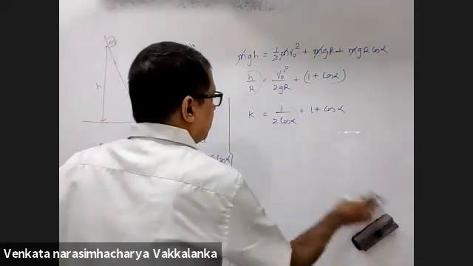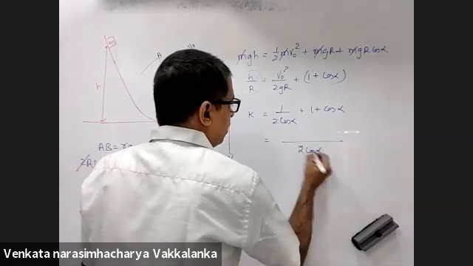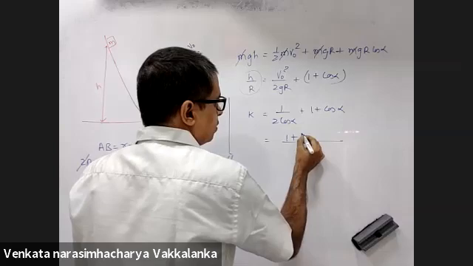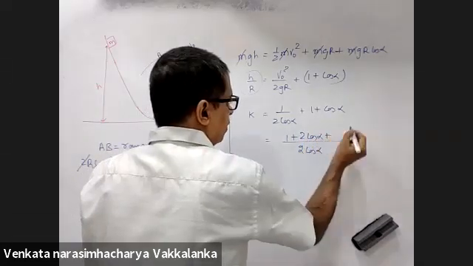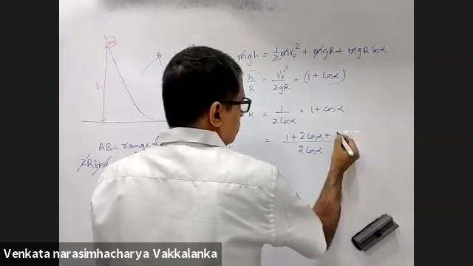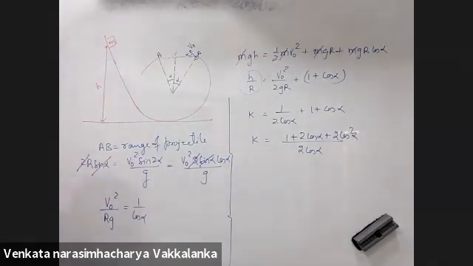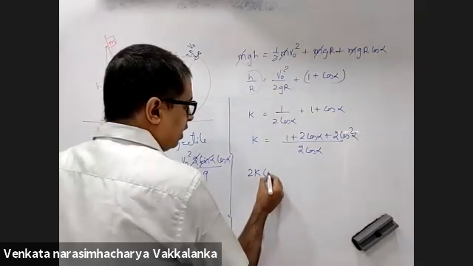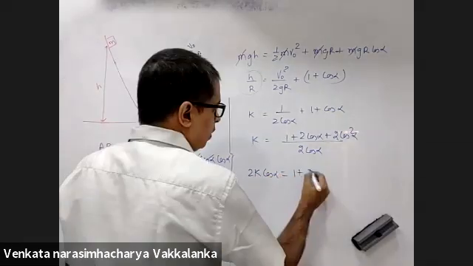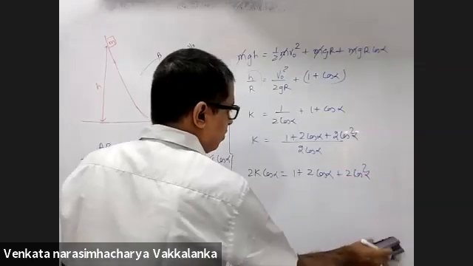Now take the LCM, 2 cos alpha. So 2k cos alpha is equal to 1 plus 2 cos alpha plus 2 cos square alpha.